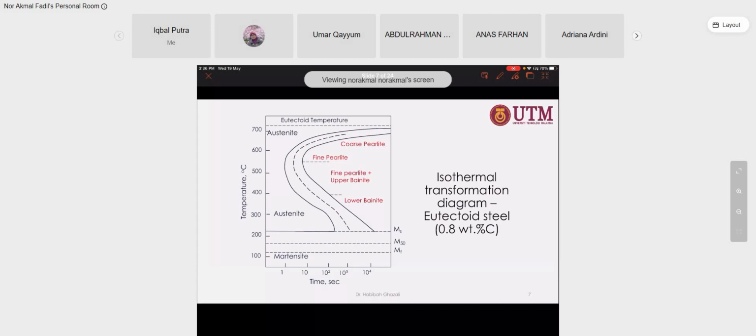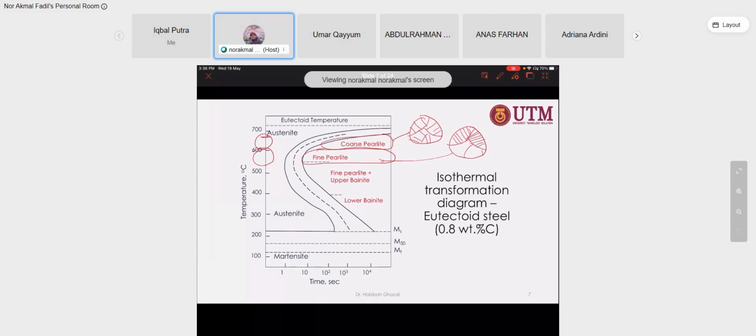Okay, so the microstructure, if you choose temperature around 700 to 600, you can see from under the microscope they are different between this range of temperature and this one. If you look at the microstructure, you can see here is a coarse pearlite. You can see 100% pearlite, but compared to this one, it is very fine pearlite.